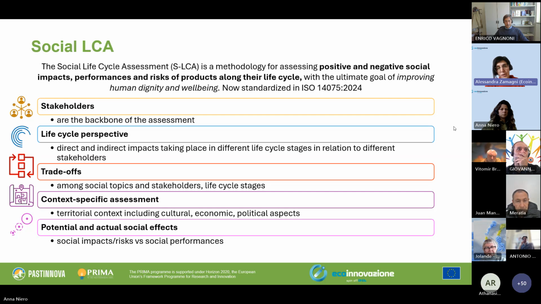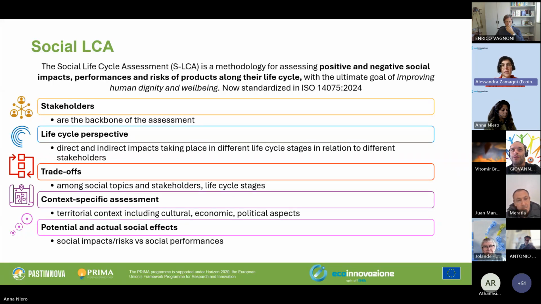Contrary to LCA, when we talk about social LCA, social impacts are very much related to the context, where context means not only the geographical area in which a product system is developed, but it refers also to the cultural elements, to the political landscape, to the economic situation.